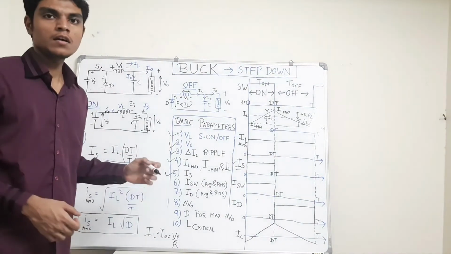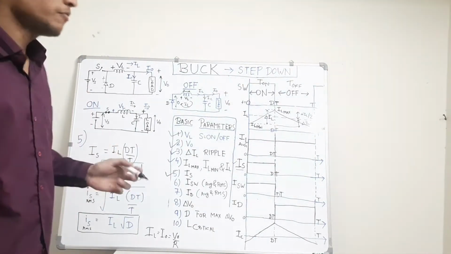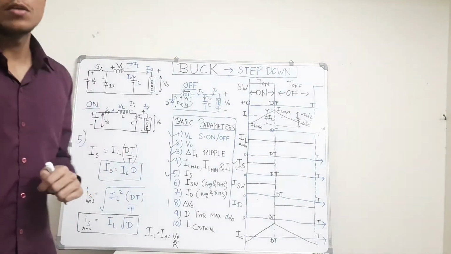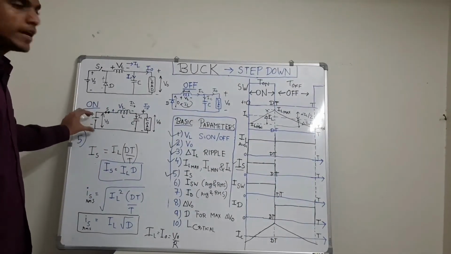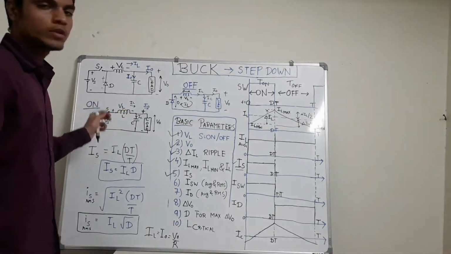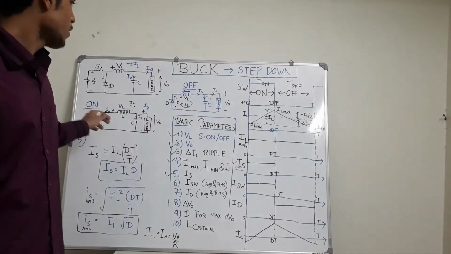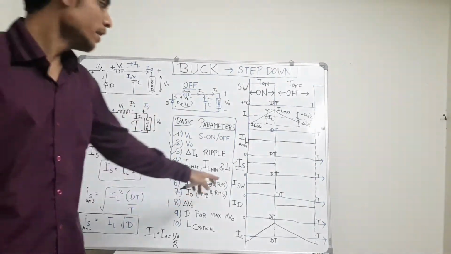Let's start with the fifth point, that is source current IS. We'll find its average and RMS value. When the switch is on, the source Vs will charge the inductor and deliver source current equal to the inductor current for time 0 to dT only.